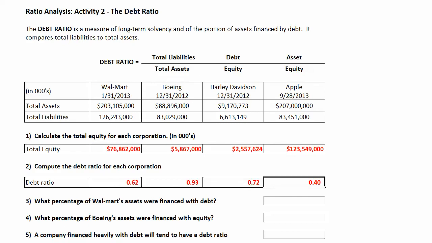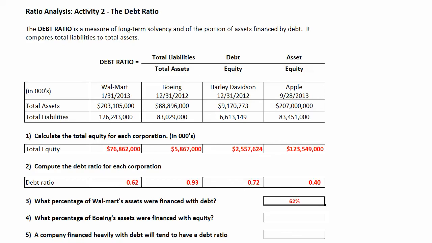In terms of percentages, we can see that with a 0.62 debt ratio, Walmart is financing 62% of its assets with debt, and again we said the other 38% would be equity. For Boeing, what percentage of their assets are financed with equity?